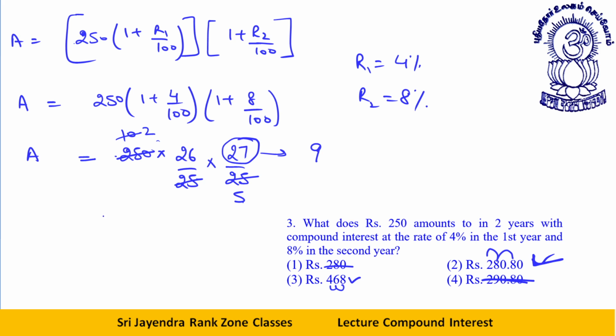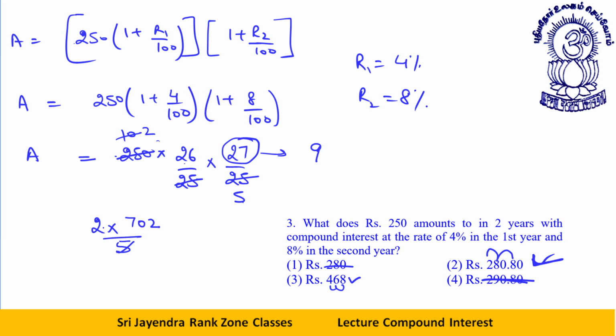You don't need to solve it. If you persist, I will still solve it. Look, see, 2 into 26 into 27. How do you do 26 into 27? 26 square plus 26. That is 26 into 27. 26 square is 676 plus 26 is 702, divided by 5.